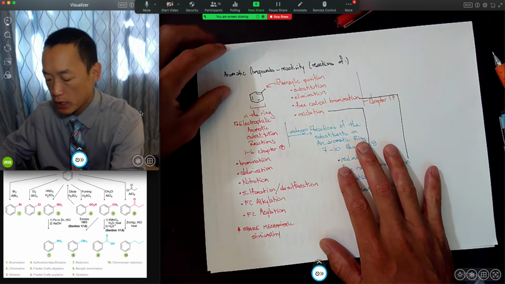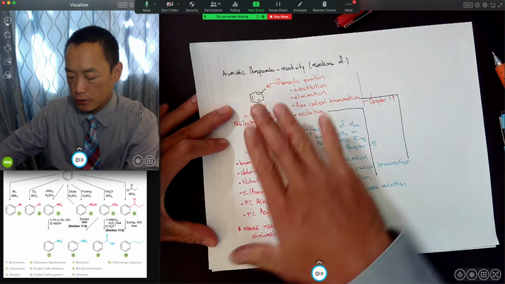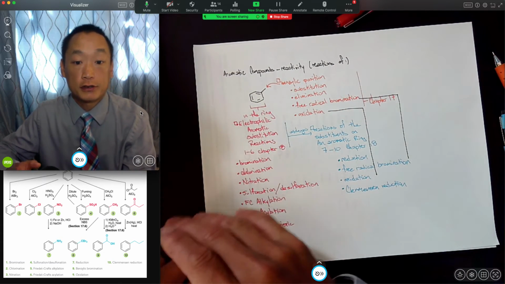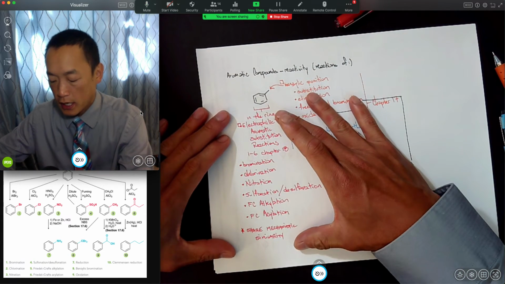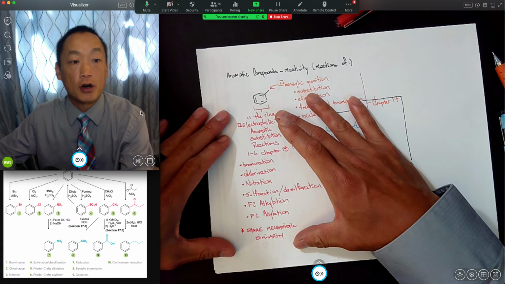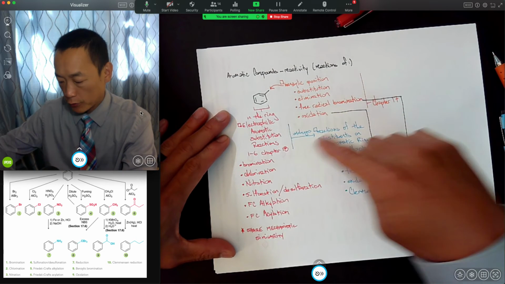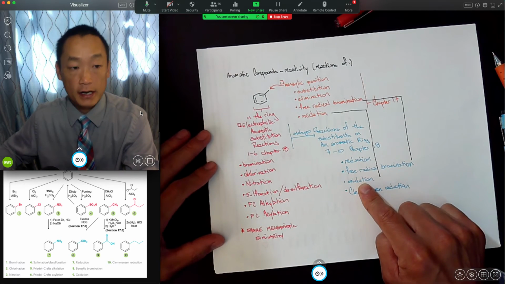Let's take a look first and foremost at this electrophilic aromatic substitution set. I want to, while you're still fresh, look at how these reactions all follow a similar mechanism. And then once we're done with that, we'll talk about the things that we just added can do.